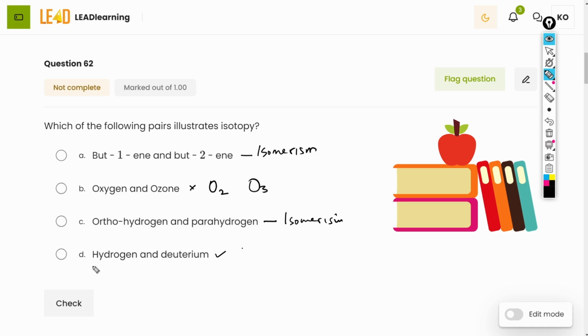The hydrogen being referred to here is protium. That is the first isotope of hydrogen, and then deuterium is the second isotope of hydrogen, respectively presented as 1-1 H, 2-1 H. So protium, deuterium. So our correct answer is the option D.